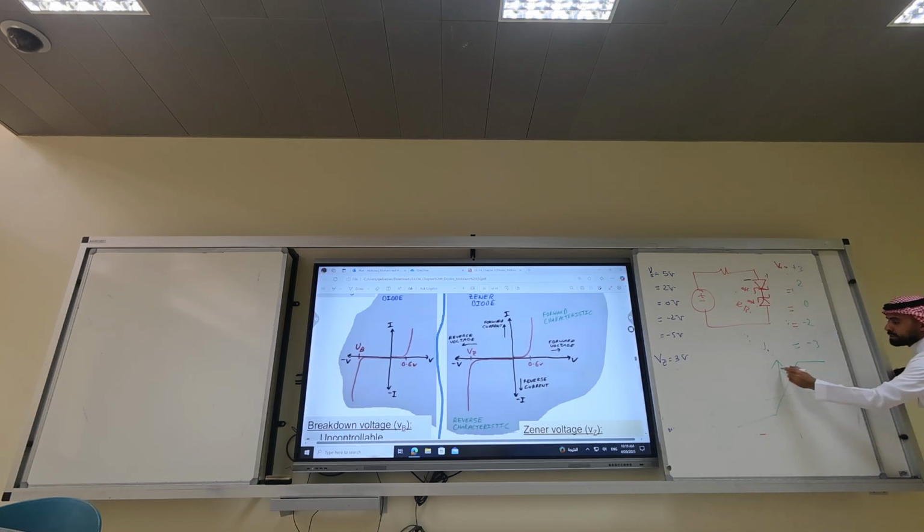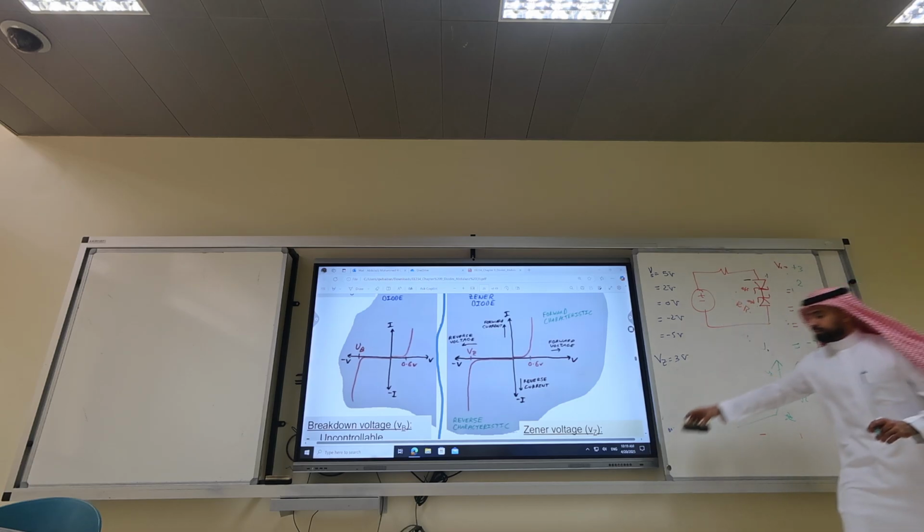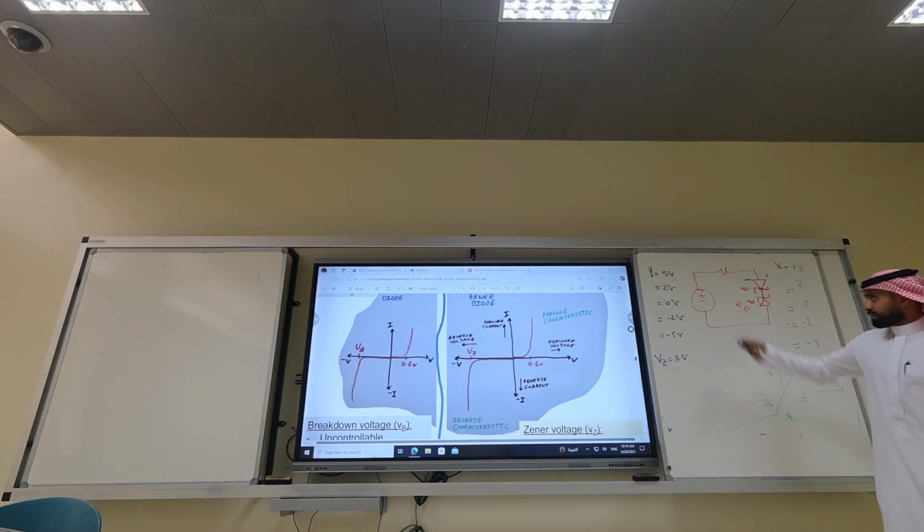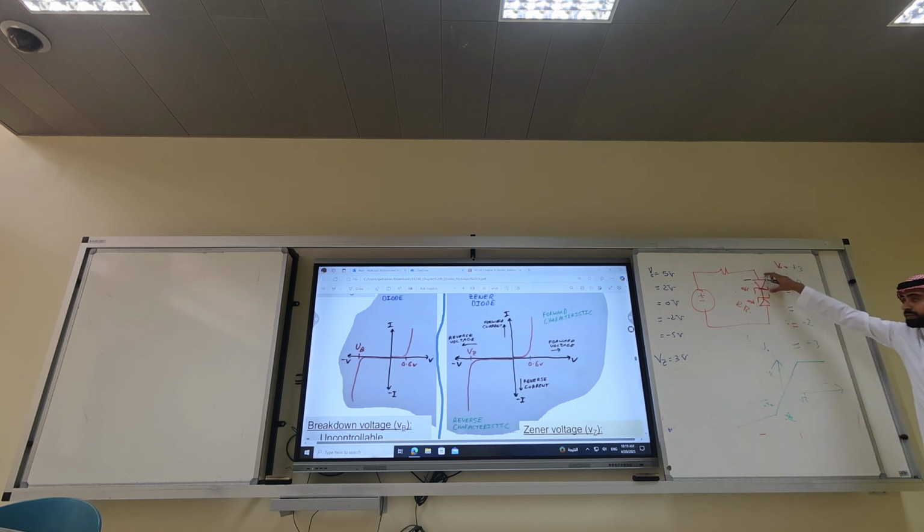VZ, minus VZ, minus VZ. Is it correct? If you apply 5, this will be forward bias, right? Short circuit. This will be what? Reverse breakdown. So what will be V diode? -5.